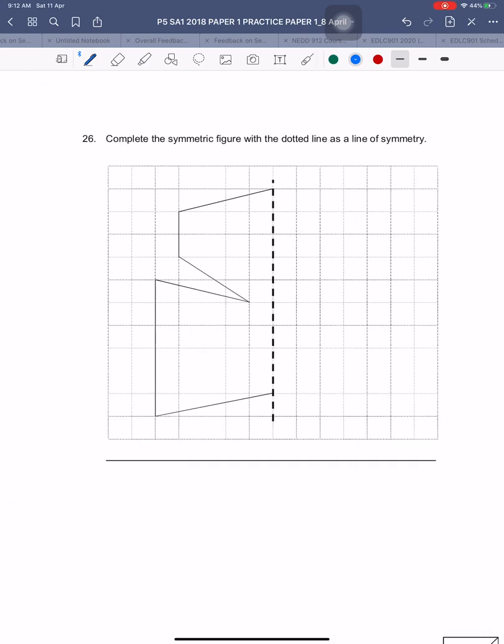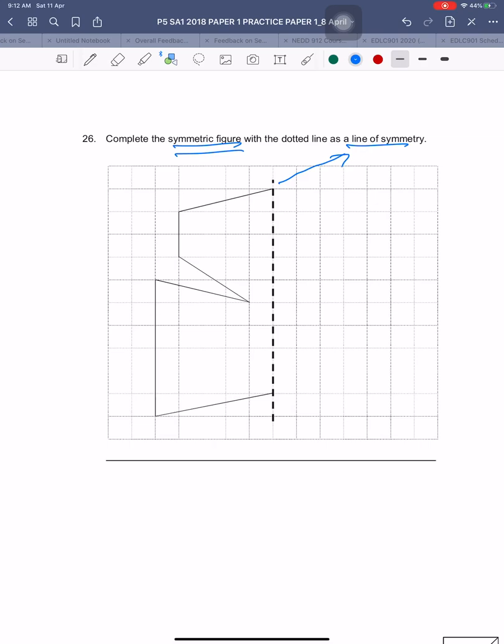This one I think most of you have no problem except one of you who made careless mistakes. Draw a symmetrical figure with dotted lines as shown. So this is the line of symmetry. You're supposed to draw, take note of the squares.